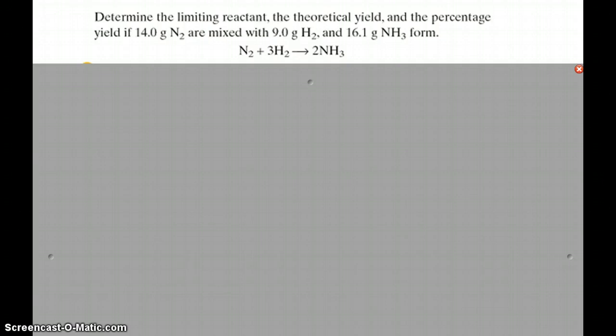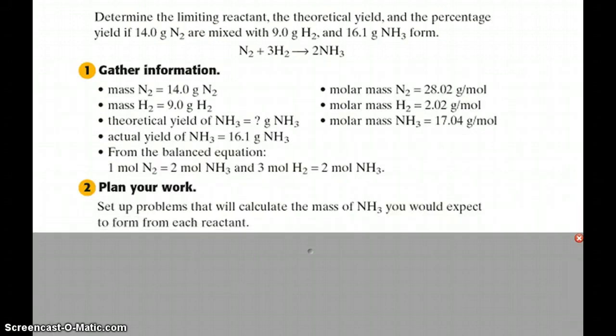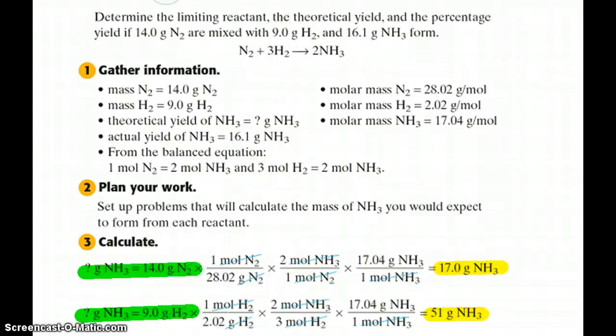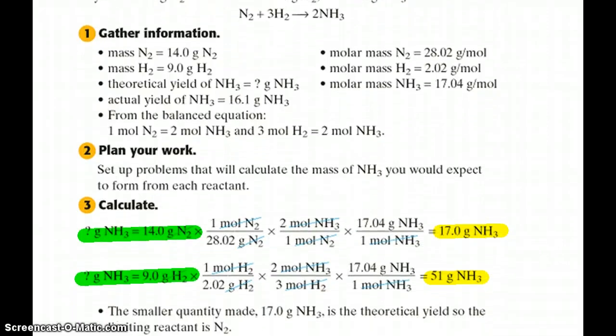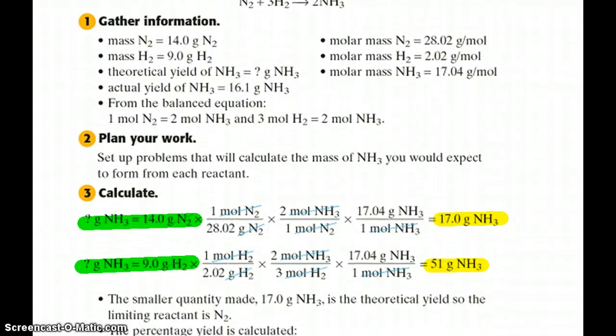Well, as your book shows you, gathering your information and planning your work, I'm sure you don't go through this detail to solve every problem, even though you should. But as you see my big arrow on the right-hand side there, it says we need to do two mass-mass problems. And essentially what the two mass-mass problems are asking us to do is figure out how much ammonia you can make from each of the reactants.